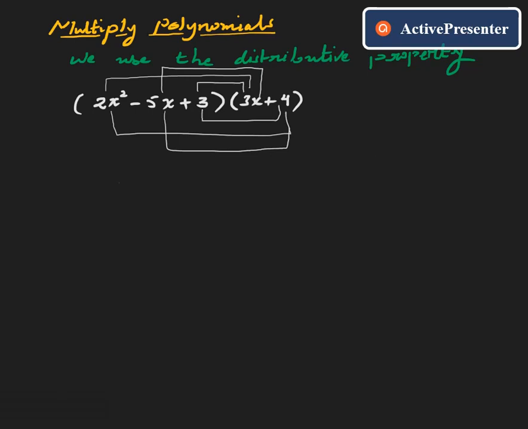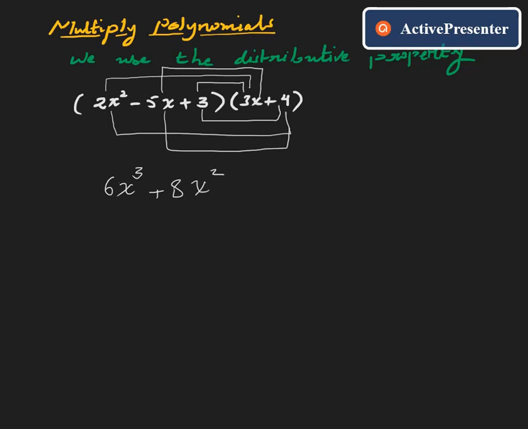So our answer: 2x squared multiplied in 3x is 6x cubed, and 2x squared multiplied in 4 is plus 8x squared.